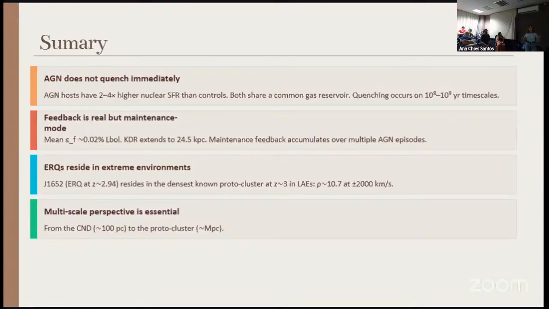Feedback is real, but in our case, where we are looking at nearby galaxies with low luminosity AGN, it is in maintenance mode. Extremely red quasars reside in extreme environments, and a multi-scale perspective is essential to understand the detailed picture.